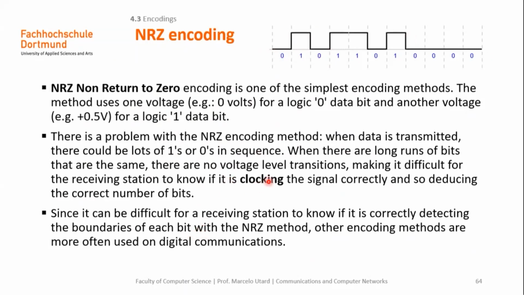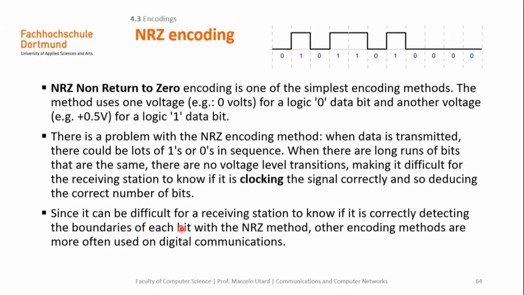Then this is a typical problem called clocking. On the receiver side, we need to be sure at which moment we need to sample the signal in order to establish if it is a 0 or if it is a 1.